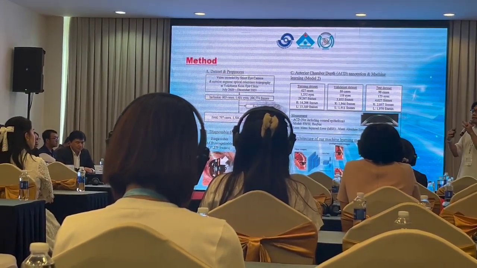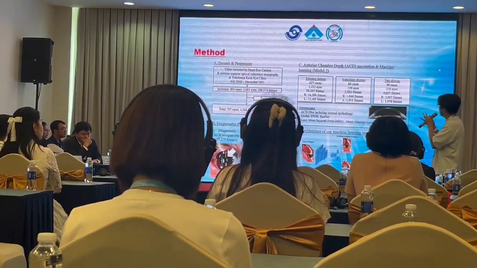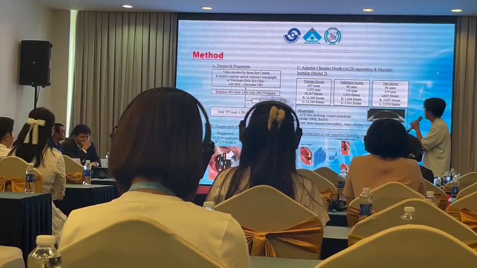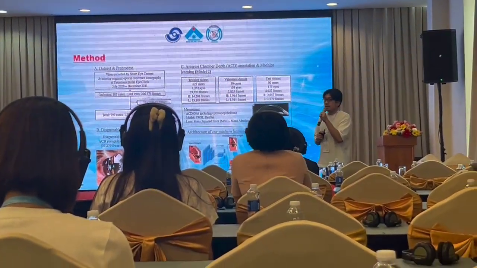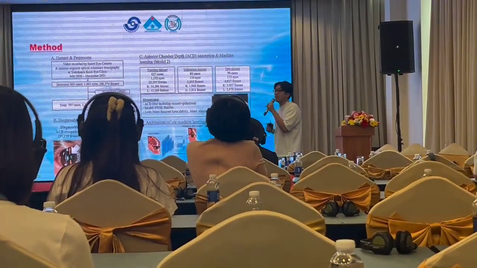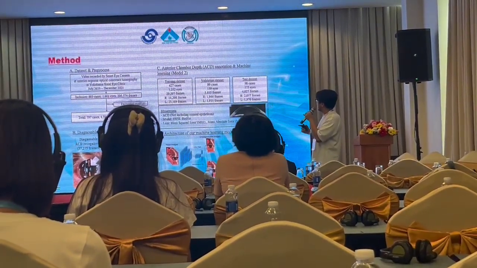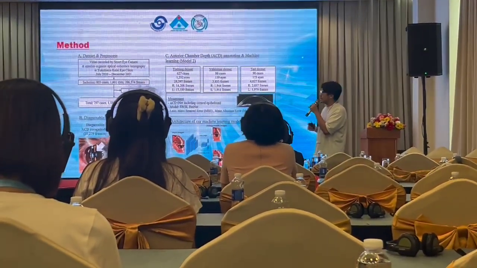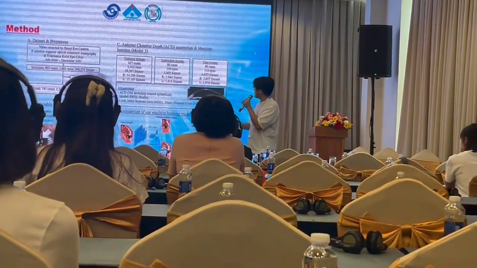So we gathered as much data as possible as a retrospective study from one single clinic. We gathered 1,601 eyes from 803 individuals. We gathered a total of 206,000 anterior segment images.